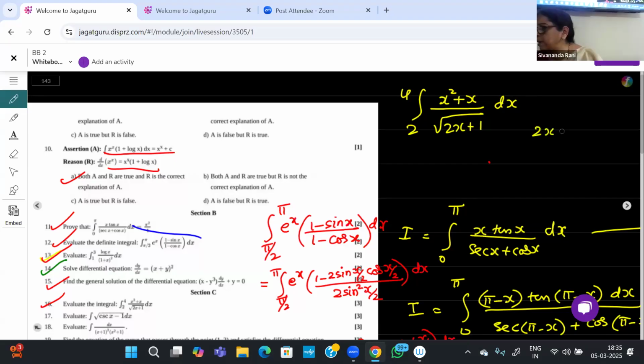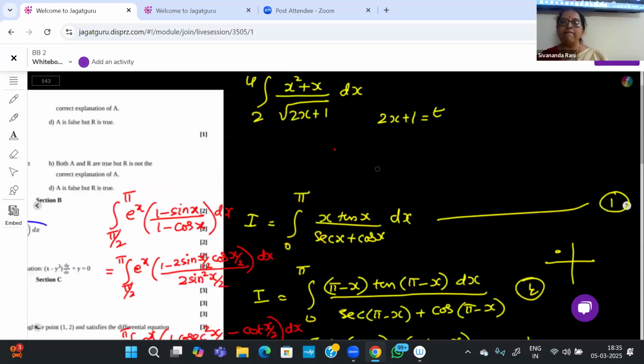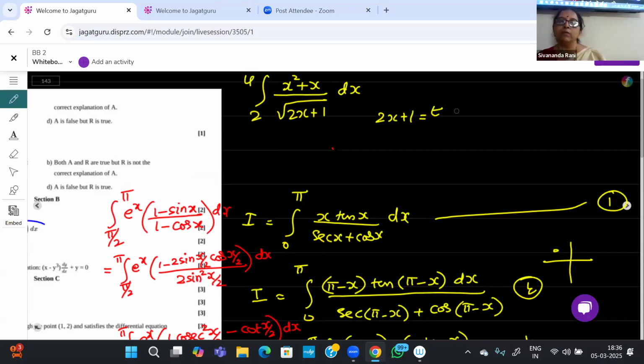Yeah, just 2x plus 1 as t, even that will do, right? Because if I make it monomial, see, the problem is because I have under the root a binomial. So I face some issues there. Okay. So by this, I can actually get everything in terms of t, and also dx is easily replaceable.